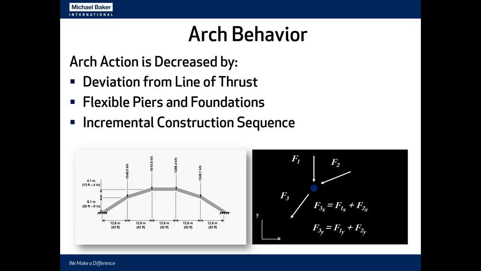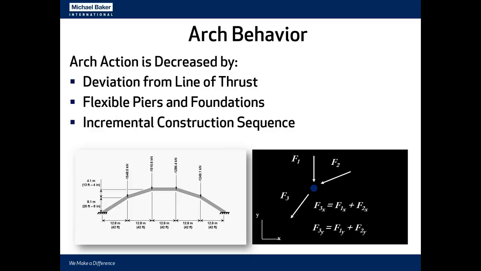Now, I think traditionally when people think of an arch, or arch action, they think of a structure acting like an arch, as an element that primarily takes force in axial compression and has relatively little bending.